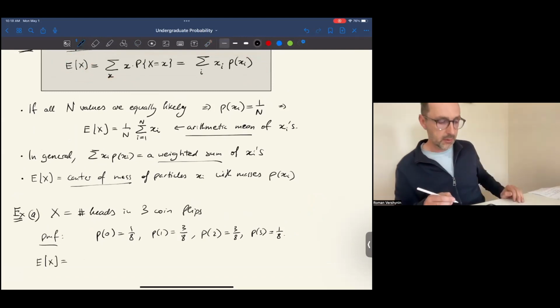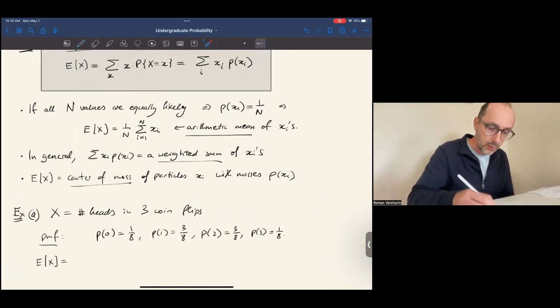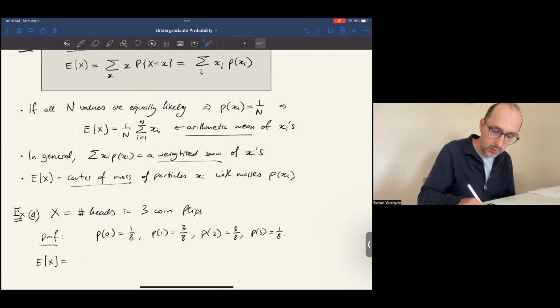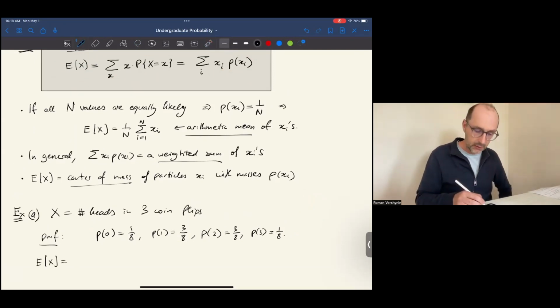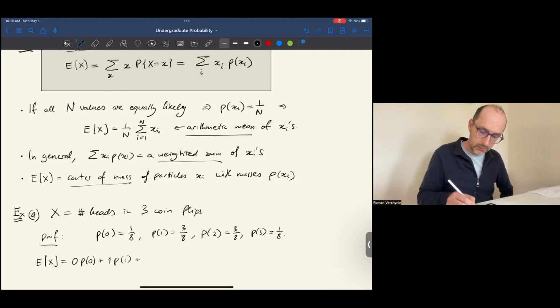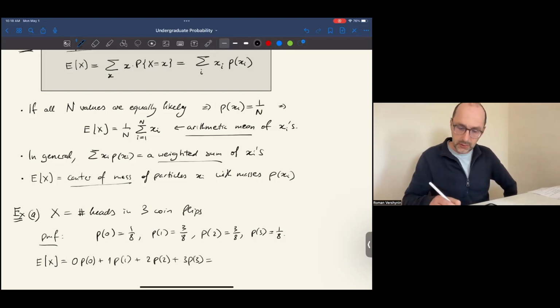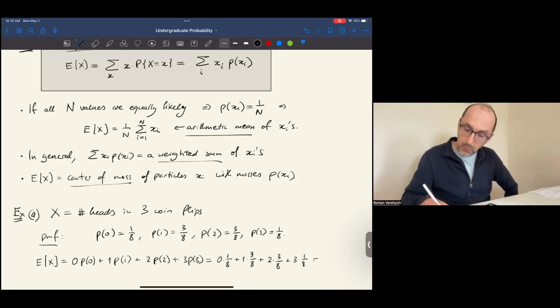It is the sum, and in the sum, we multiply each value by the probability that the random variable takes that value. So it's 0 times P of 0, 1 times P of 1, plus 2 times P of 2, 3 times P of 3. And if we substitute these values, we get 1.5.